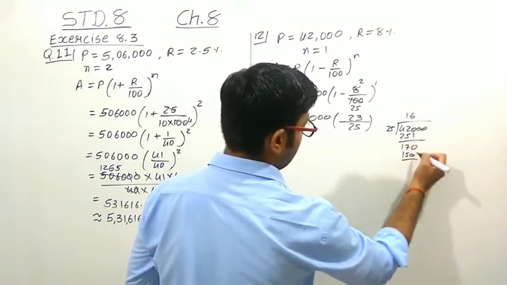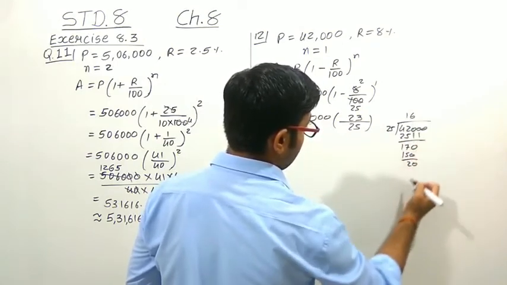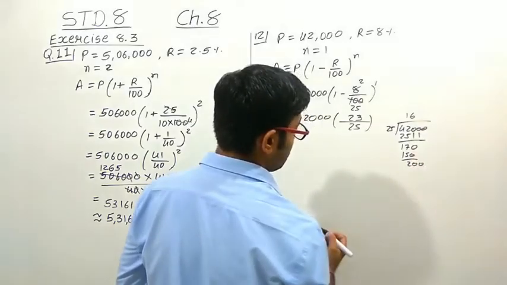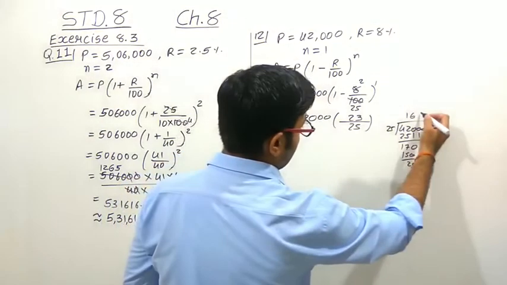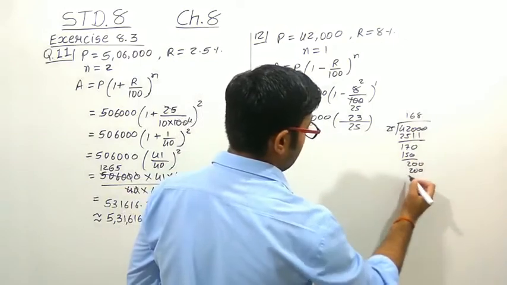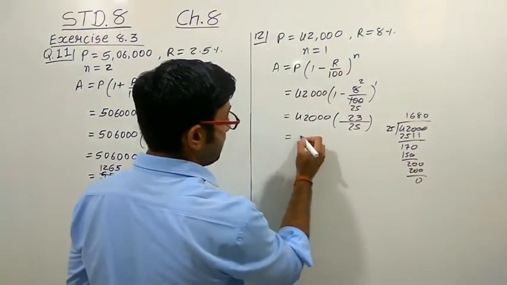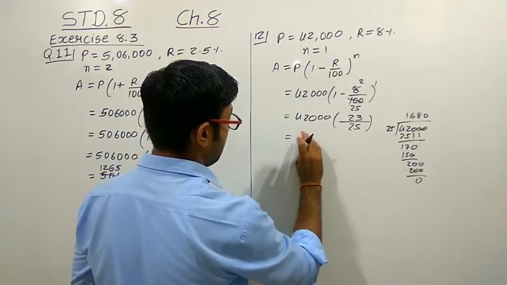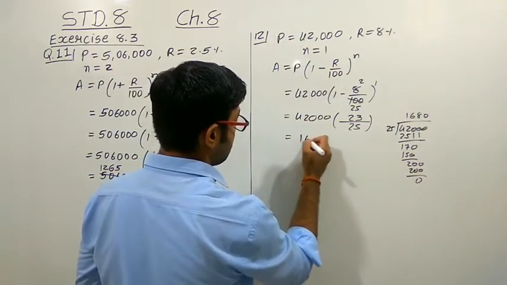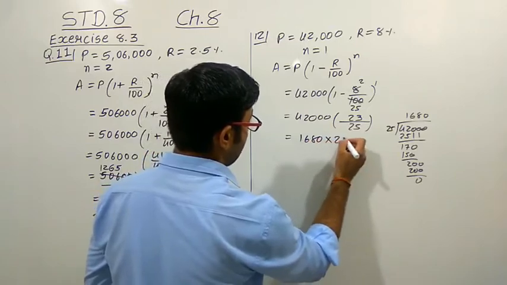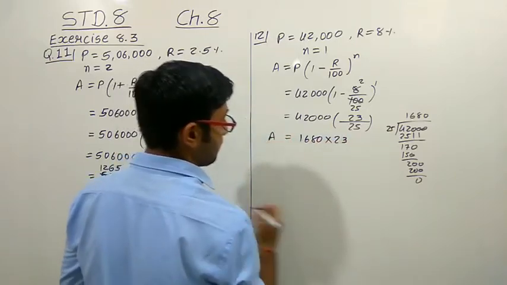So 1 zero we have already taken here. 20 is there. We can take one of the 0s here. 200 is there. 25 eights are 200. Now again 1 zero remains. So we can take it here. So we get 1680. Now we have to multiply it by 23, right?